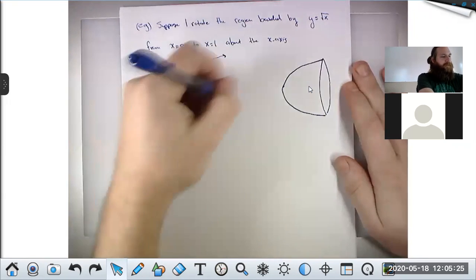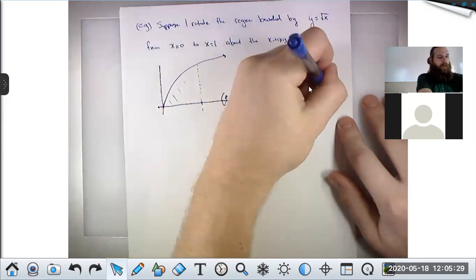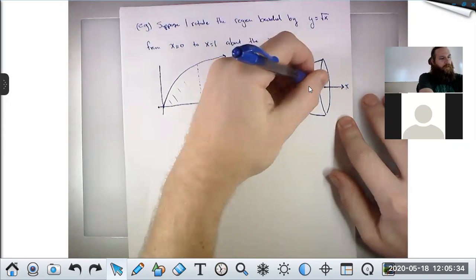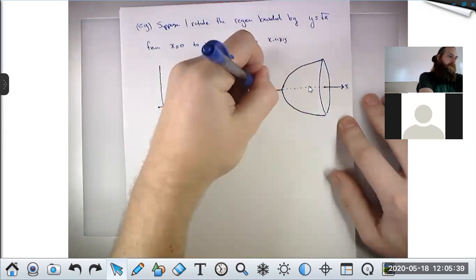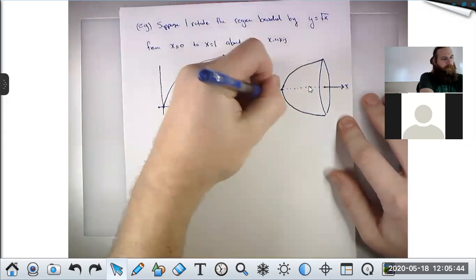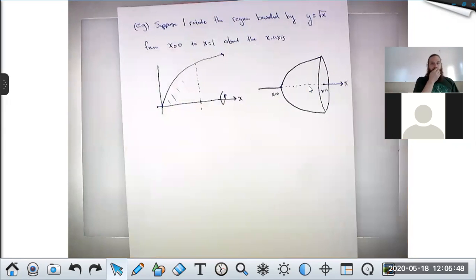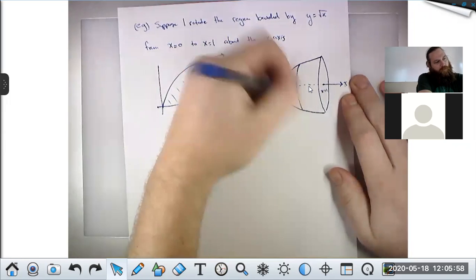And if you think about it, this x-axis runs right through the middle of that solid. So this is very much like the picture we were just looking at. Here is x equals 0, and over here is x equals 1. And what I want to do is imagine slicing this thing. So I'm going to draw in my slice.